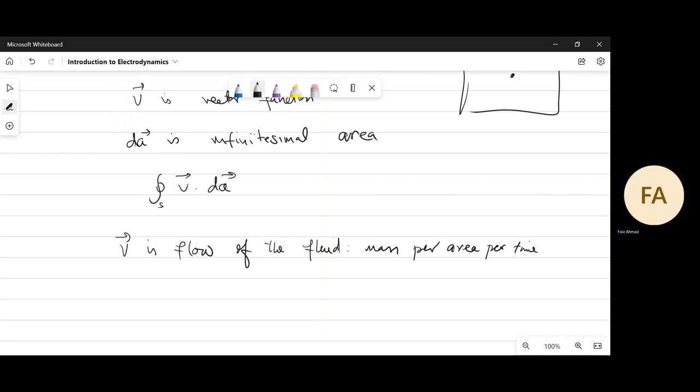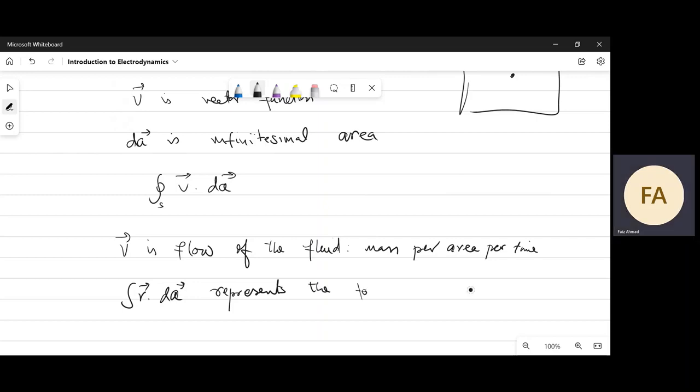So V dot dA, sorry, V dot dA, in fact represents the total mass per unit time passing through any specific surface.